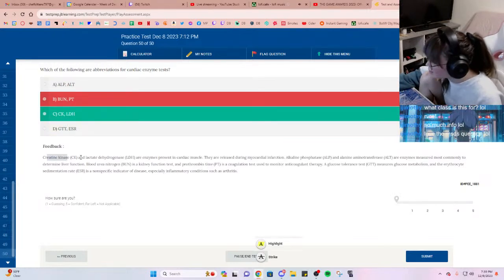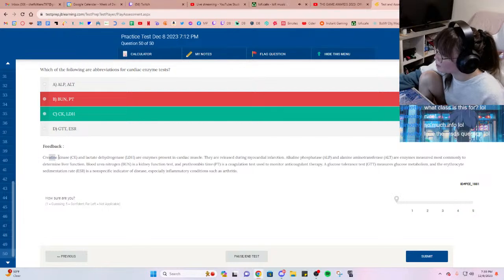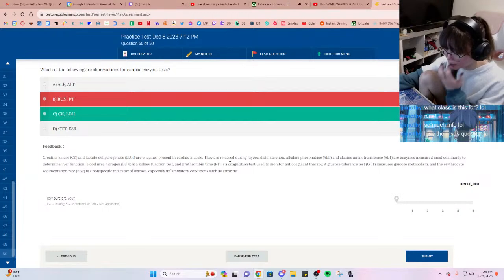Creatine kinase, CK, and lactate dehydrogenase are enzymes present in cardiac muscle. They are released during myocardial infarction. Yeah, okay, I forgot that. This one and CK and LDH have to do with heart attack.